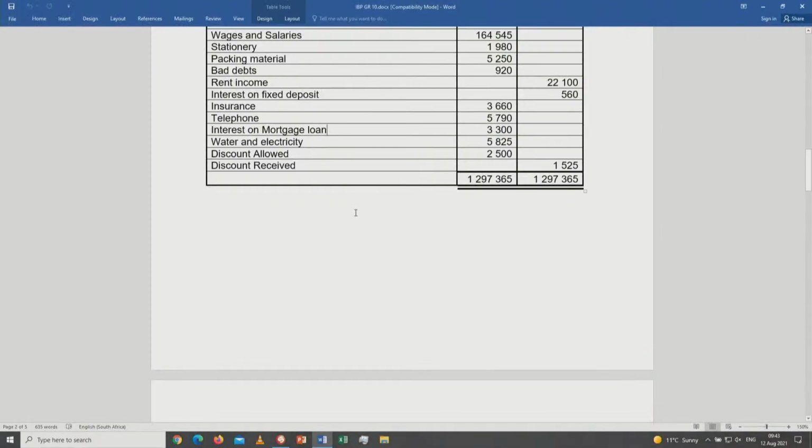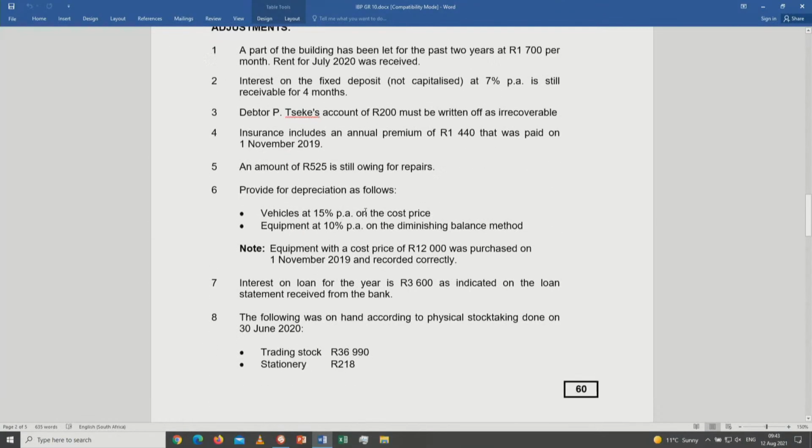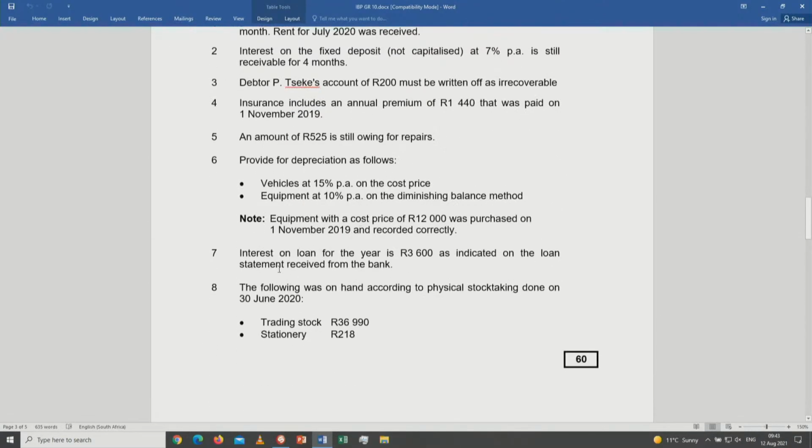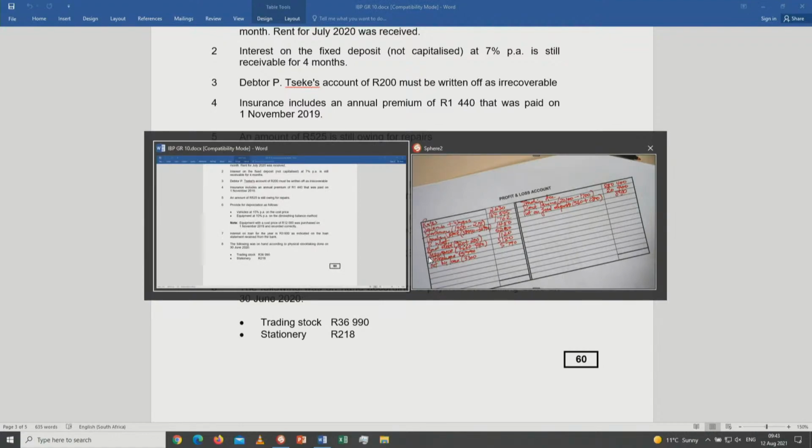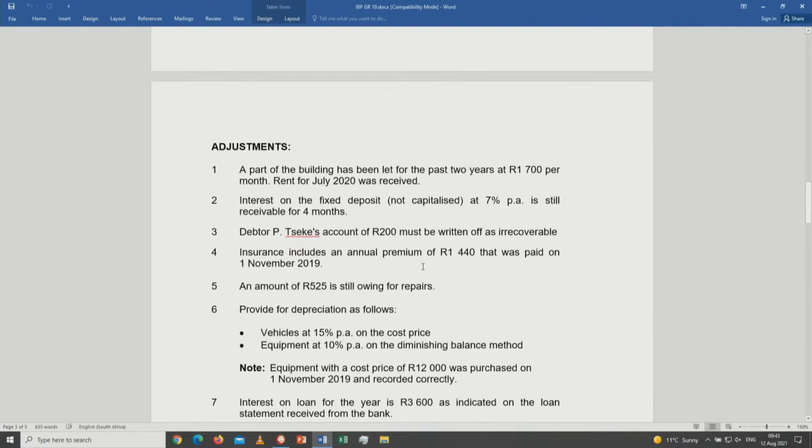Let's go back to our adjustment. Adjustment number 7. It says here, interest on loan for the year is 3,600 as indicated on the statement received. You see, the statement came and then our interest is 3,600. But our trial balance is only showing how much?